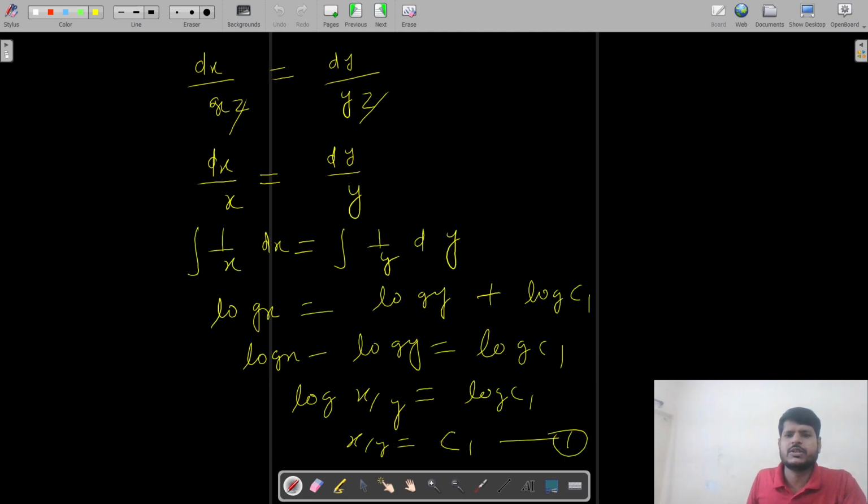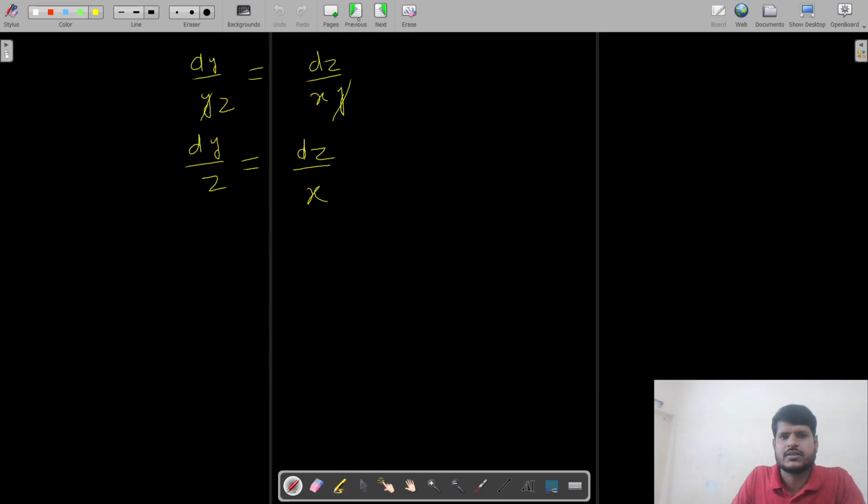So we will use equation 1 here, x upon y is equal to c1. So x is equal to c1y. I can write x equal to c1y here, and this is clear. So now we can solve easily. This is c1y dy, and this is z dz.